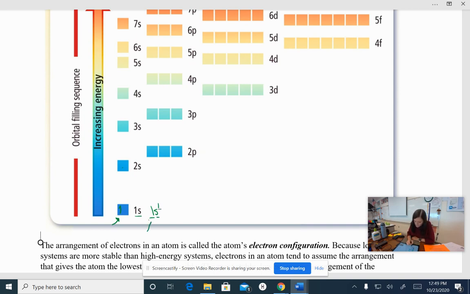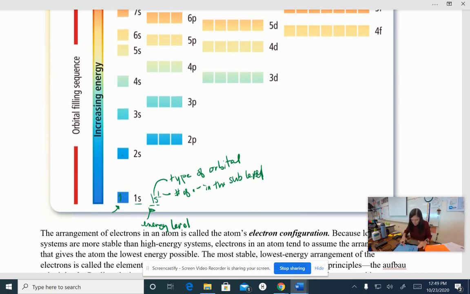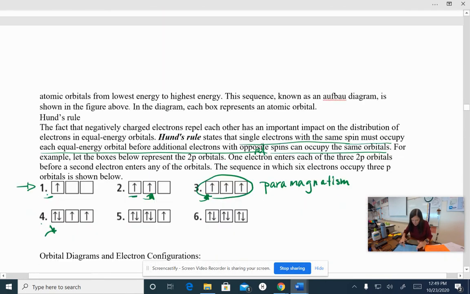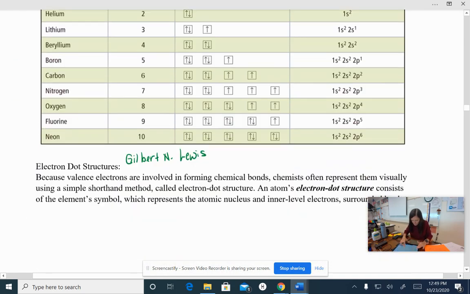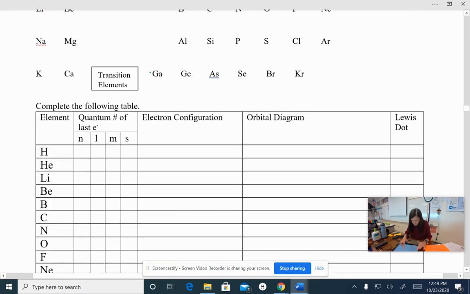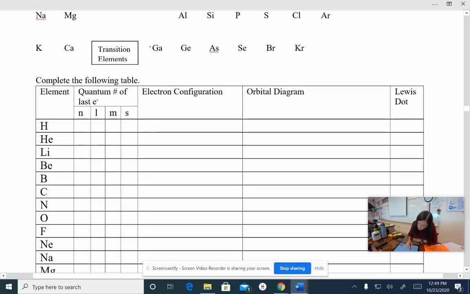Okay? So energy level, type of orbital, and number of electrons in the sublevel. So when we do this, we are going to have 1s1, our orbital diagram.